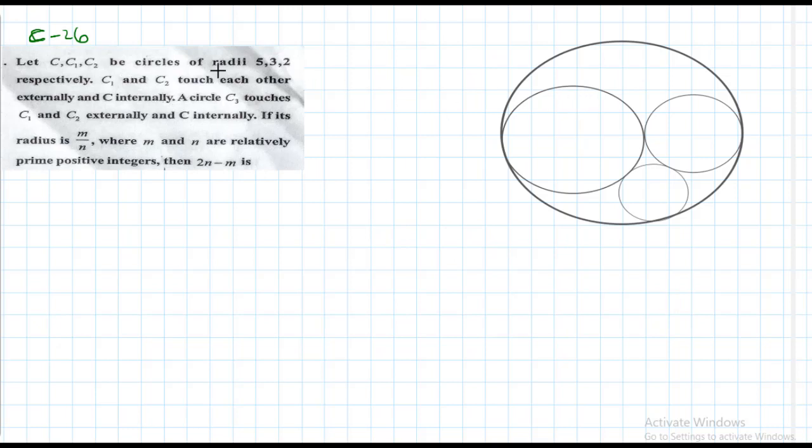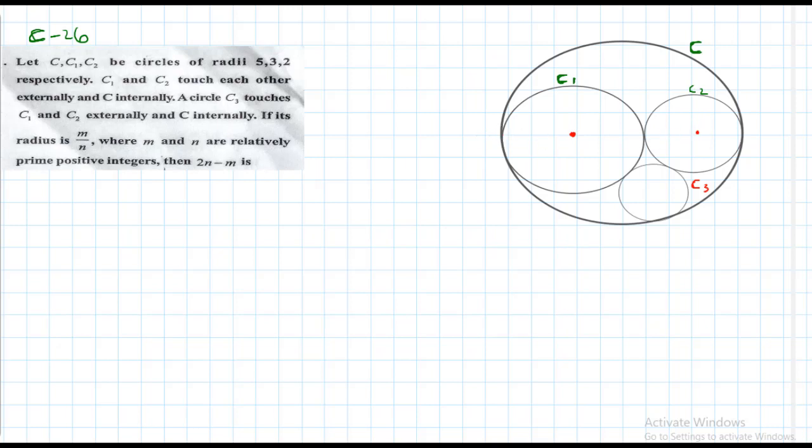Now observe here. So this is C1. So this is C2. The bigger one is C. Okay. So here one more circle, a smaller one, that is C3. That circle's radius we should find now. Interesting problem. All of you observe, this is the center of the circle C1. This is the center of the circle C2.